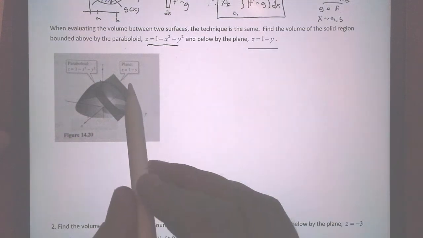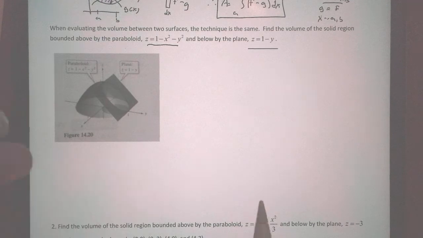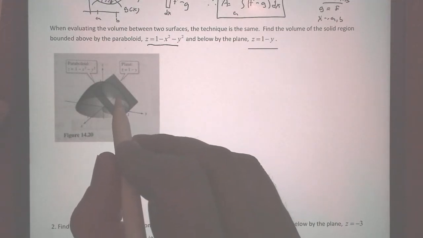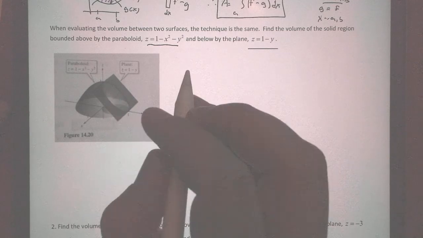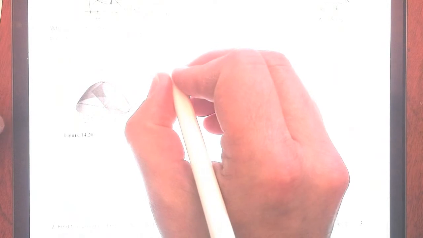We see that image right over here. We have this paraboloid and we have a plane slicing it. What we want to do is find the volume between the two surfaces.